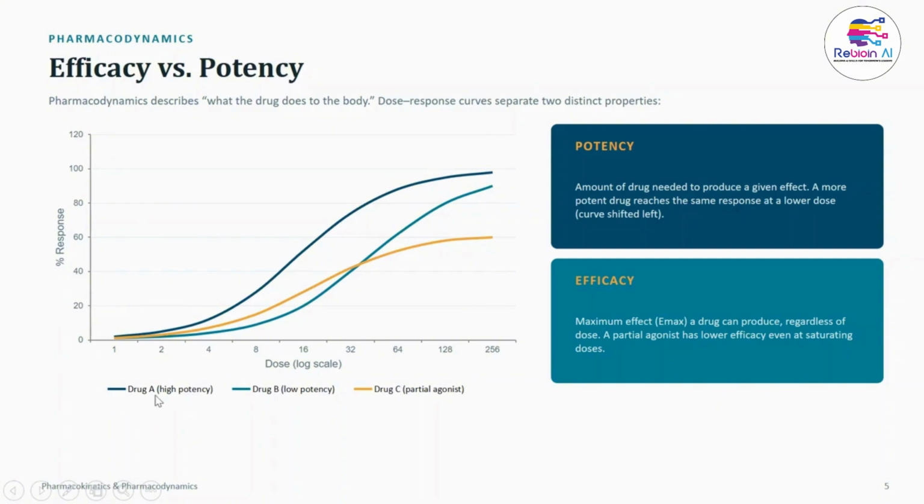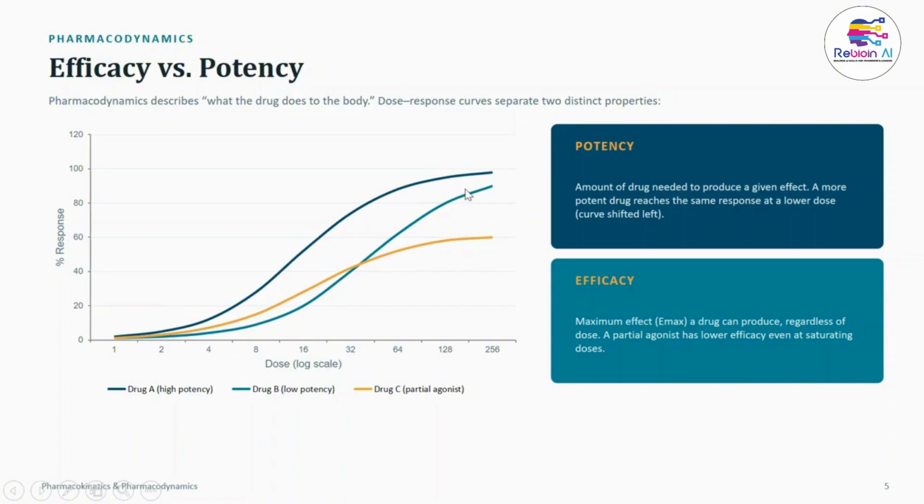We have taken two drugs, drug A with high potency and drug B with low potency. You can see drug A is shifted to the left compared with drug B, right? So what does it mean? It means drug A is very potent. We need just a little quantity to show its response.